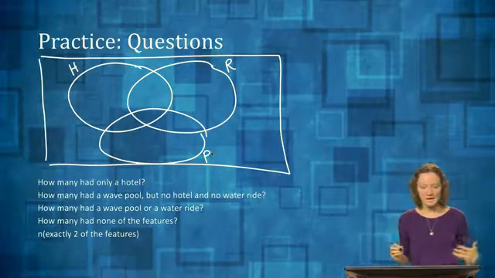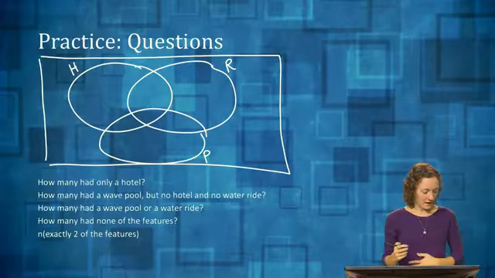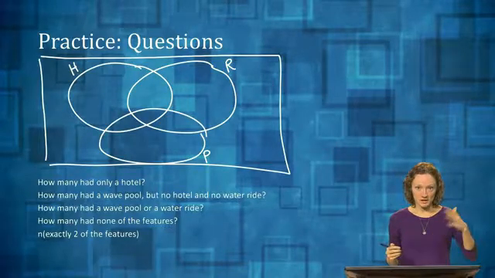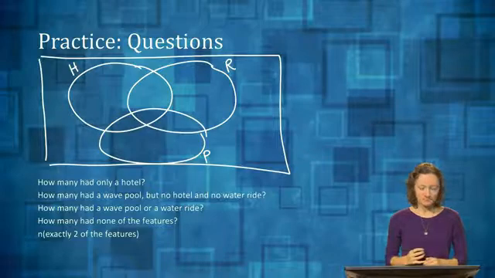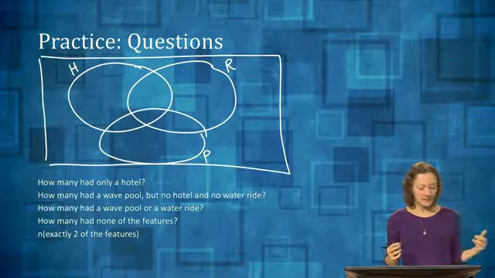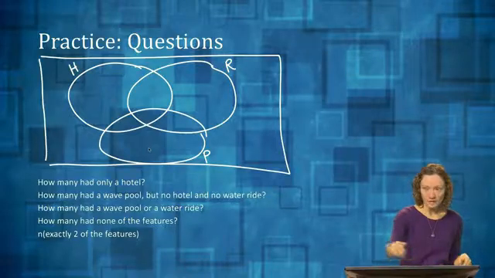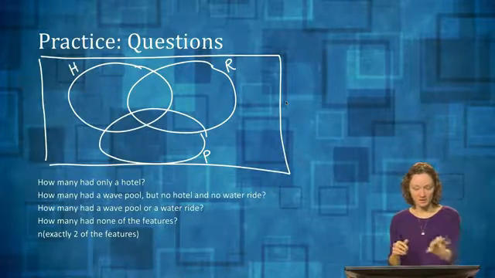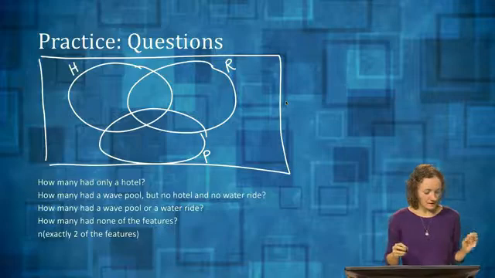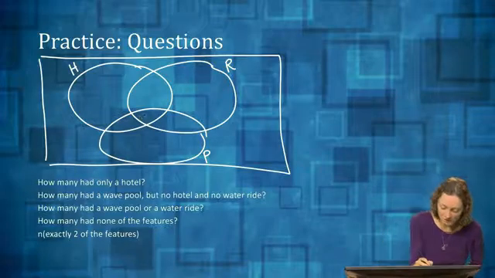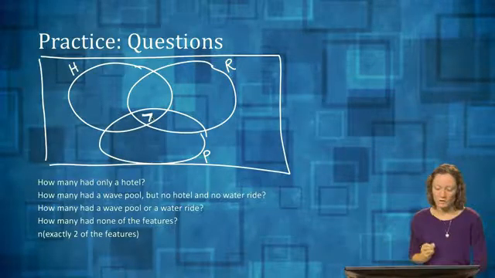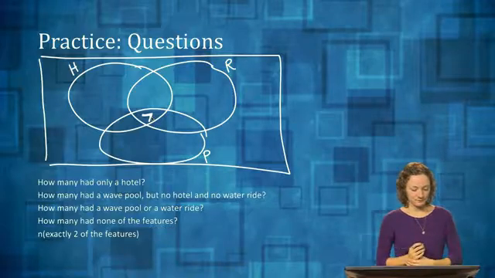All right, so from our data, start from the bottom and work your way up. The first thing we know, or the last piece of information given, is that 7 had all 3 features. So 85 total have to go in this picture. We've got to partition them into all little regions. 7 had all 3. That's the easiest one to fill in. Right in the middle where they overlap, all 7 fit right there.